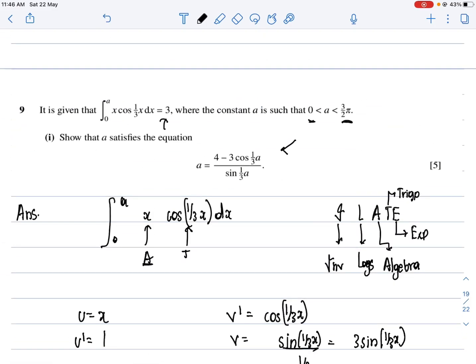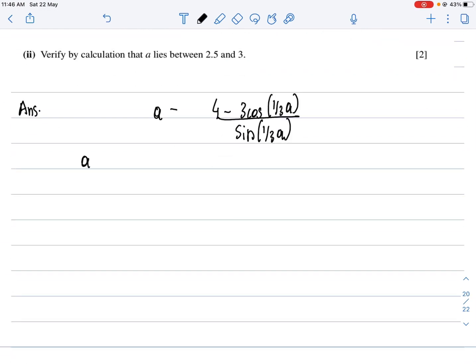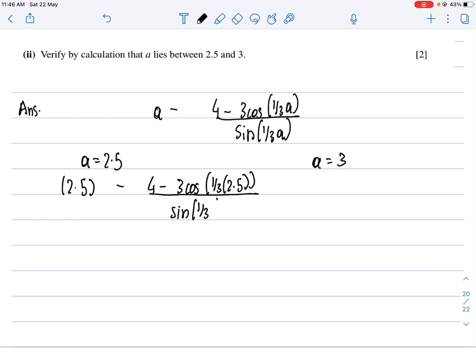Make sure you are in radians mode. First take a as 2.5, then take a as 3. So write this as 2.5 minus 4 minus 3 cos 1 by 3 into 2.5 over sine 1 by 3 into 2.5.